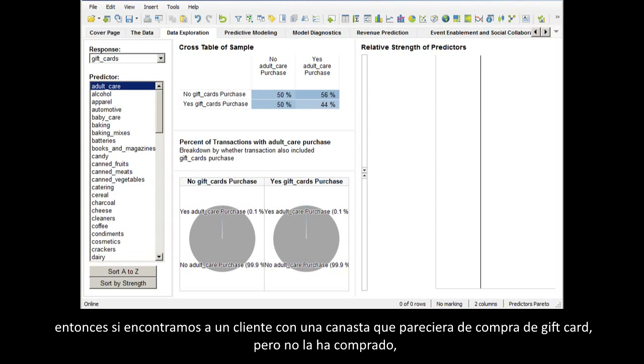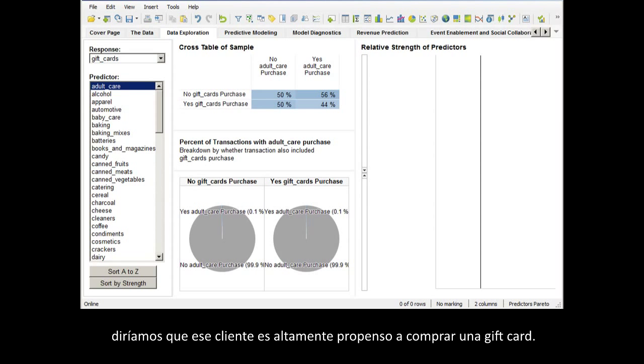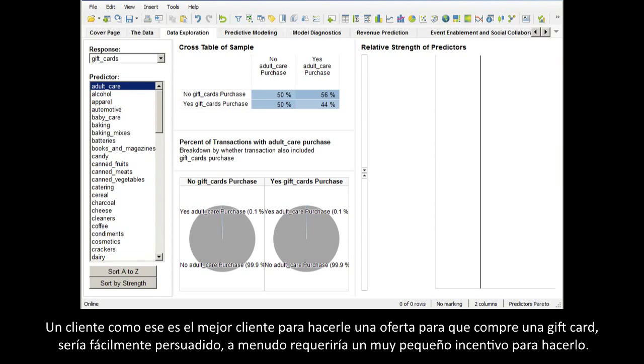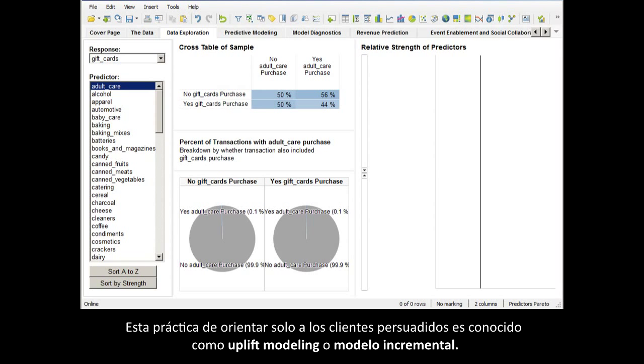Then, if we find a customer who has a basket that looks like they would buy a gift card but they have not, we would say that customer has a high propensity to buy a gift card. A customer like that is the best customer to extend an offer to buy a gift card. They are easily persuaded, so they would often require only a very small incentive to do so. This practice of targeting only the persuadable customer is sometimes referred to as uplift modeling or incremental modeling.